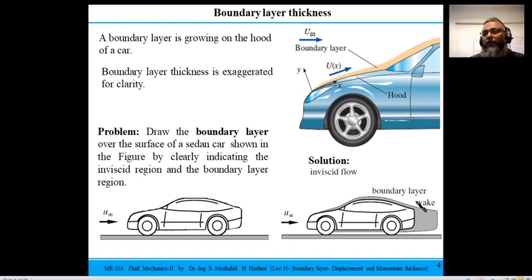The gray shaded region shown here is the region affected by the viscous effects, what you call the boundary layer region, including this wake region. The rest is not affected by the viscous effects, so we call it the inviscid flow region.